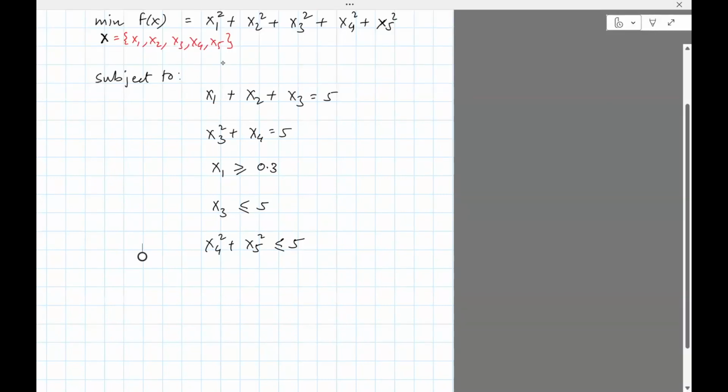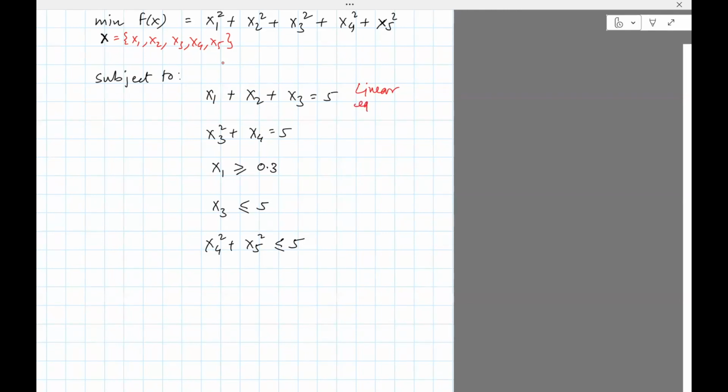Okay, so let's look at these constraints again. The first constraint is a linear function of x1, x2, x3. There are no squared or nonlinear terms. So squared, cosine, exponential, none of those exist. So this one is called a linear constraint, but there's more to it. It's an equality constraint.